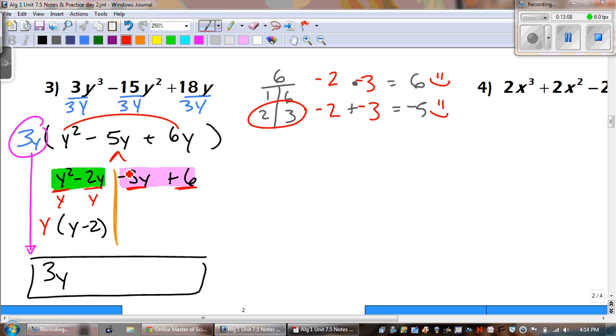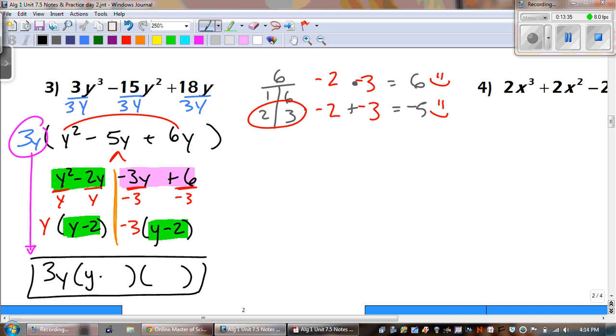Well, remember, our leading coefficient is negative. So if our leading coefficient is negative, our GCF is negative. So we factor out a negative 3, and positive 6 divided by negative 3 is negative 2. And if you look, our check right here, we did it right.